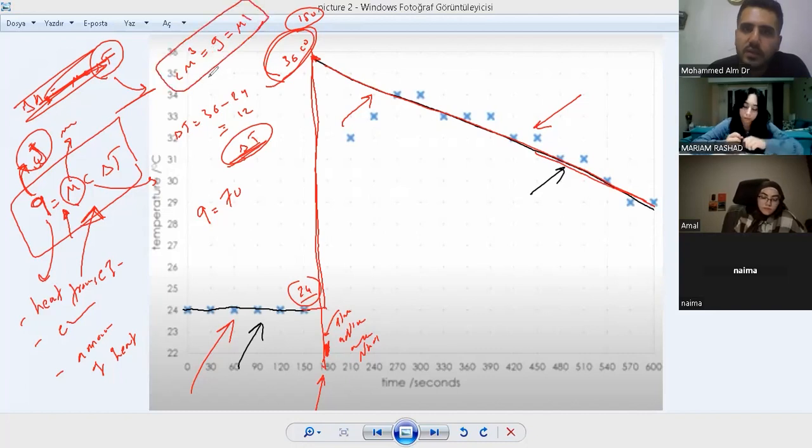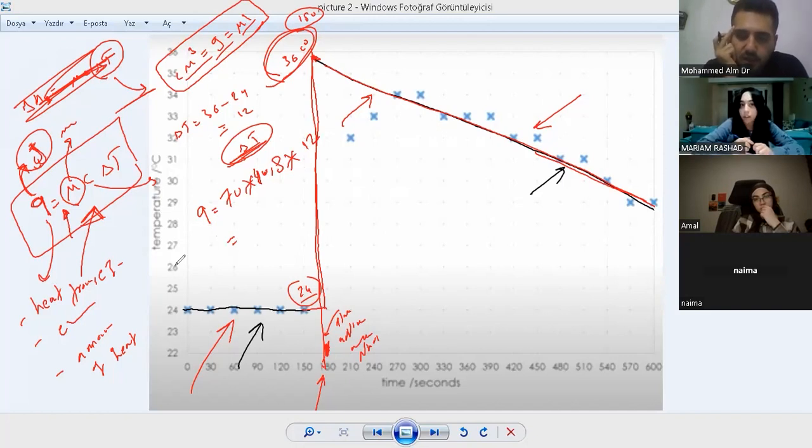All of these for water are the same units. So Q equals 70 times 4.18, the specific heat capacity of water, times delta T, which was 12. When you multiply them, use your calculator, give me the answer. What will it be?